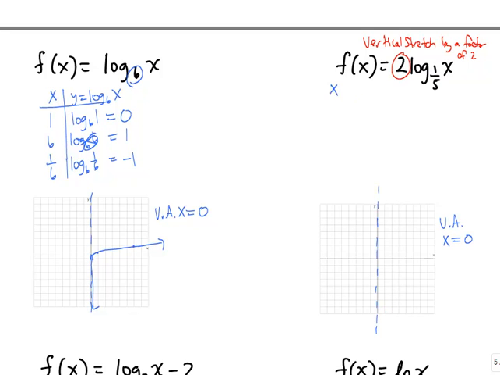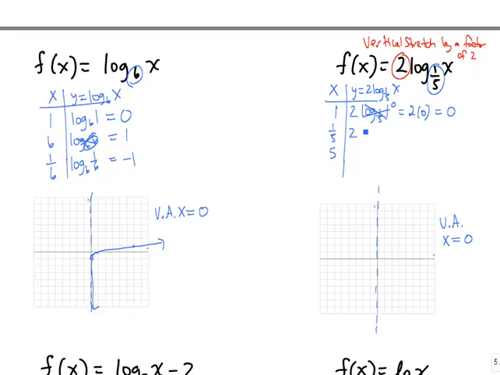In my table, remember that the x's that you want to always use are 1, your base, and in this problem the base is 1/5, and 1 over your base, so 1 over 1/5 turns into 5. If I plug in 1, we want 2 log base 1/5 of 1. Remember, log of 1 is always 0, so this is 2 times 0, which stays 0.